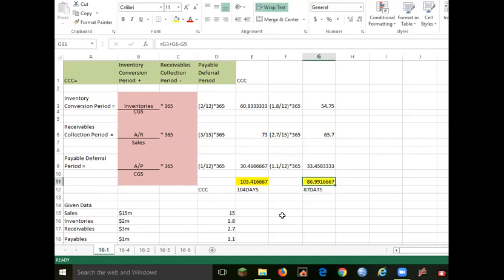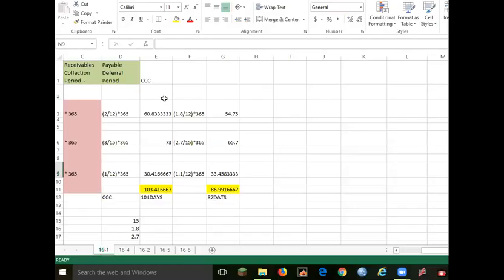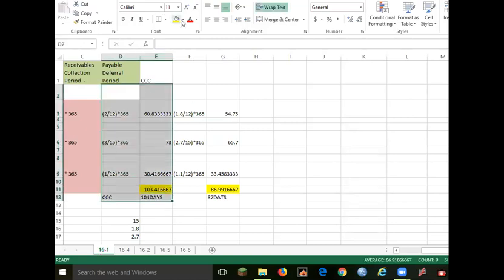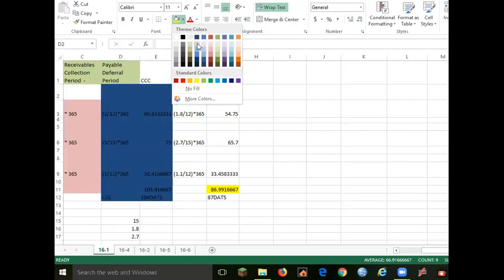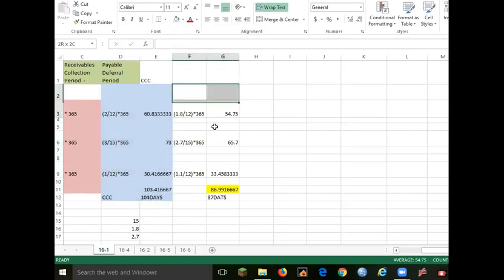So this is the answer of the second part. The third requirement is how much cash is freed up. So this was requirement 1, and this was requirement 2.